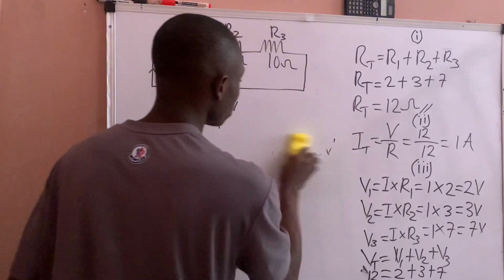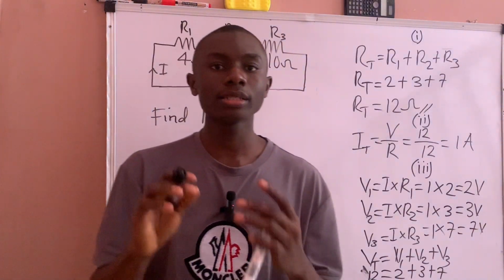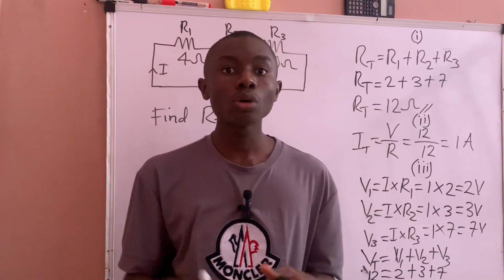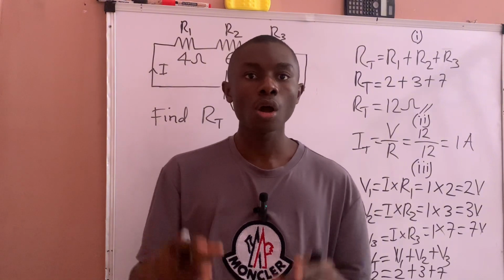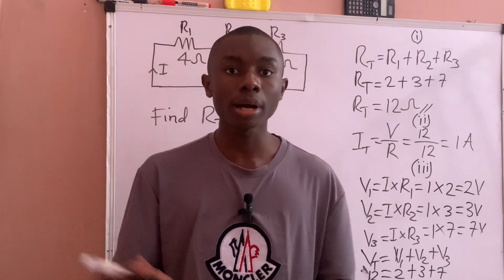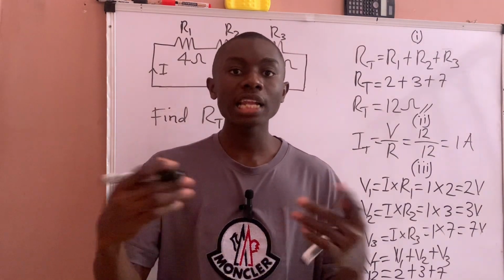So what are we going to do? First of all, whenever you are asked to find the total resistance in a series circuit, if you can add money, you can find the total resistance of any series circuit. Just add the individual resistances like you are adding money.